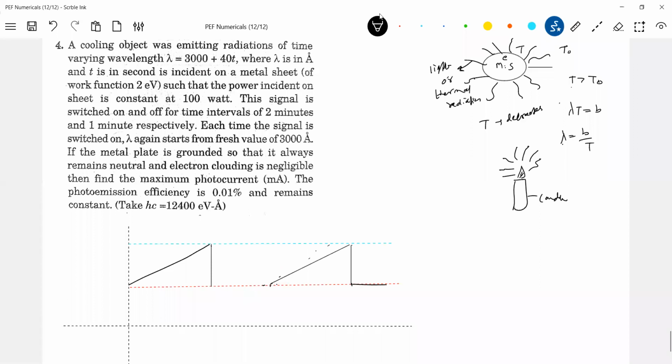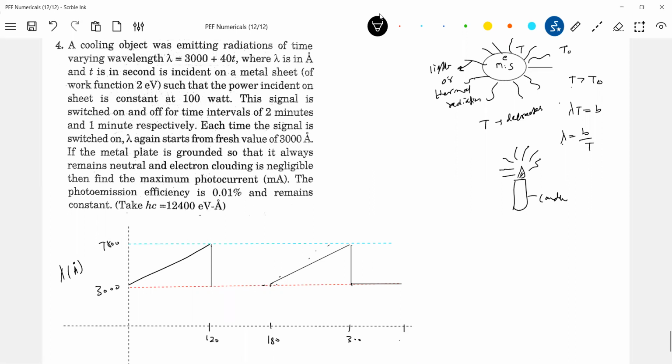So again it will continue. This one will be 3000, lambda in Angstroms, and this should be 7800. Check it once. This is 120 minutes, sorry, 120 seconds I'm writing. This will be 180, this will be 300.